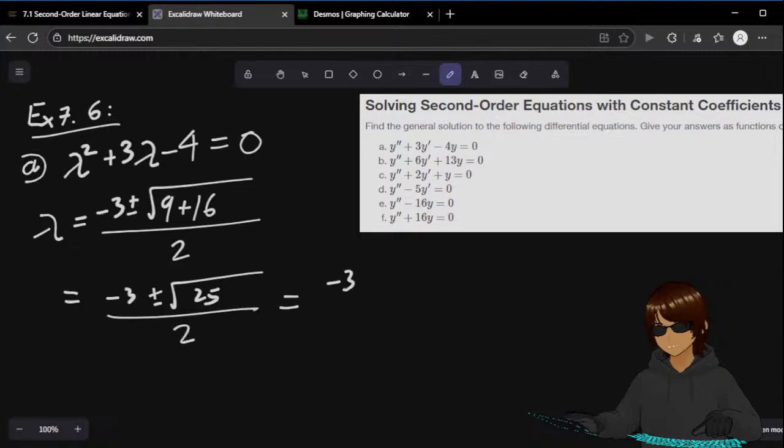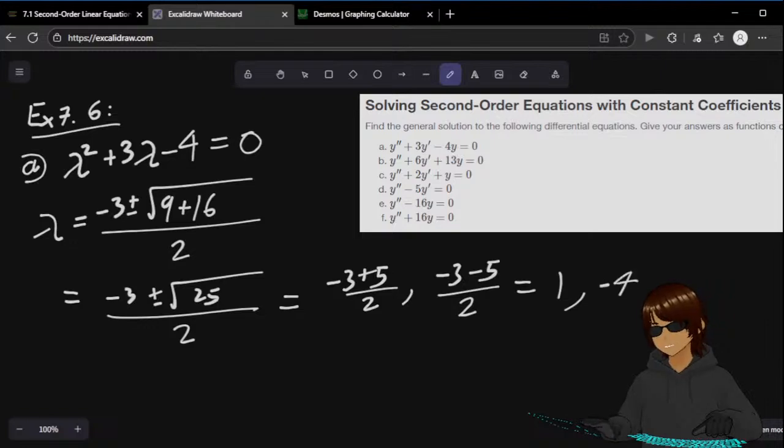Then minus 3 plus 5 over 2, and minus 3 minus 5 over 2. 5 minus 3 is 2, 2 over 2 is 1. Minus 5 minus 3 is minus 8, over 2 we have minus 4.